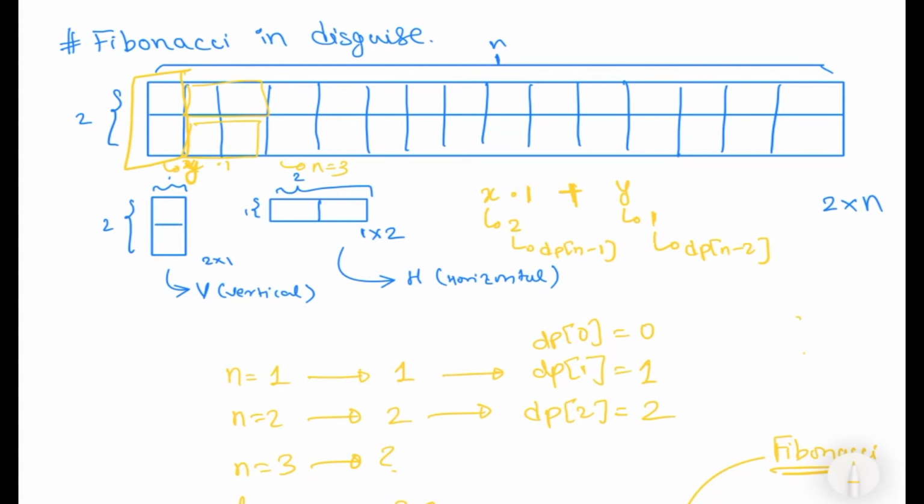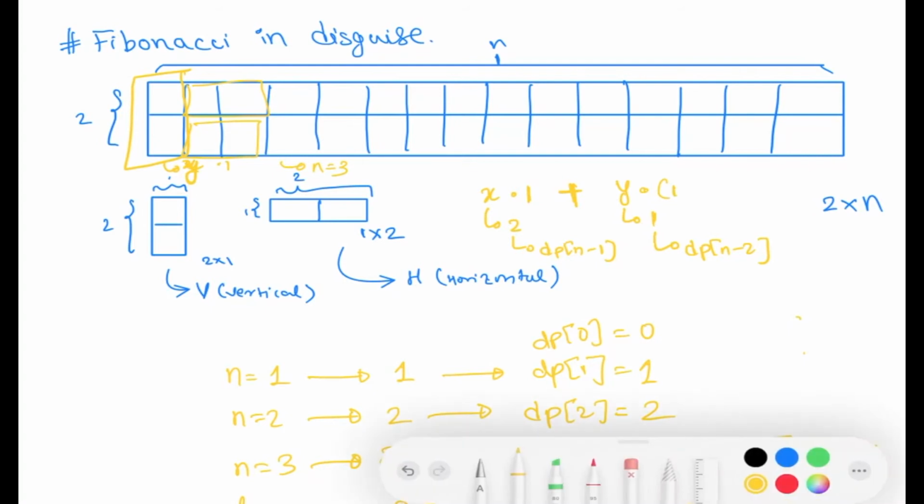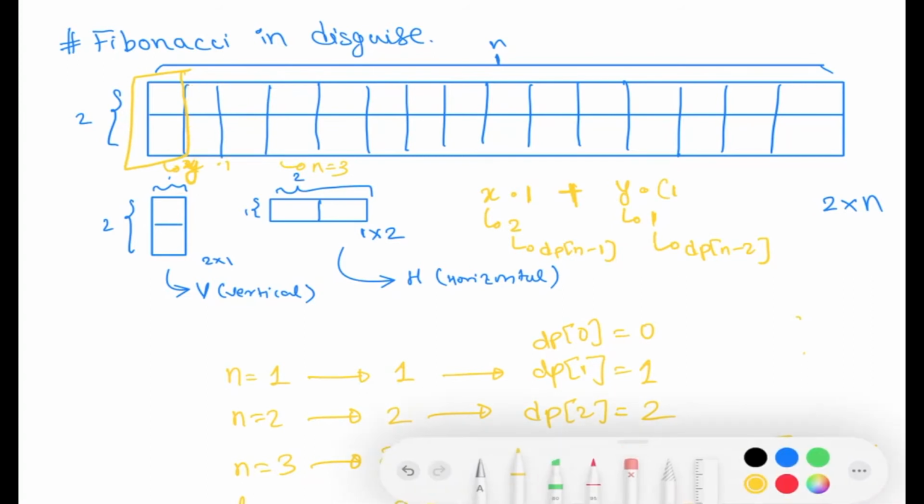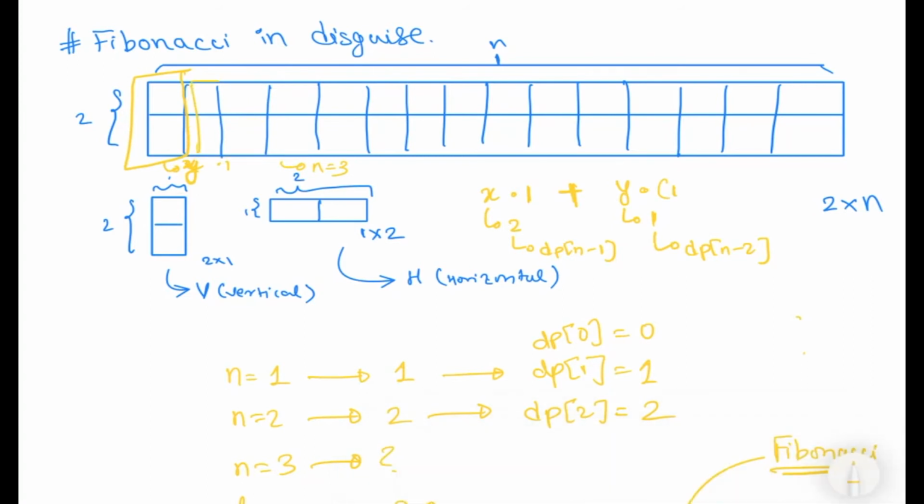So I will multiply y with 1, but that is not the only way to fill that particular remaining area. I can also fill it by placing two vertical tiles. But actually it's not quite that simple. I can't do 1 plus 1 for this arrangement, because this arrangement has already been considered in X earlier.